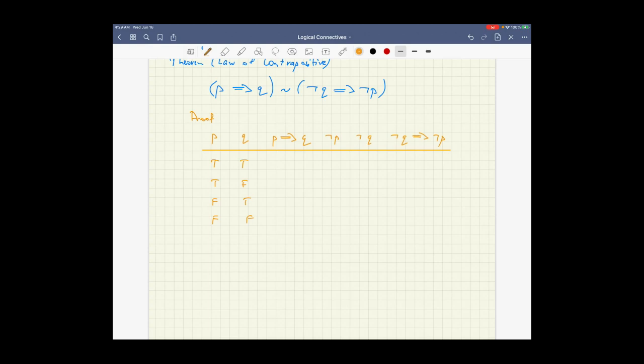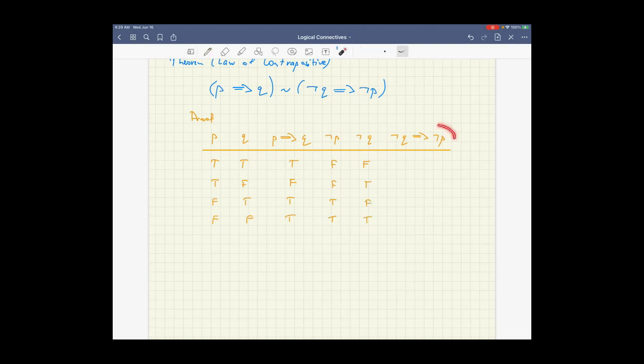Right, again, P implies Q is true unless the premise is true and the consequence is false. So not P gives me the column false, false, truth, truth, and not Q gives me the column false, truth, false, truth.